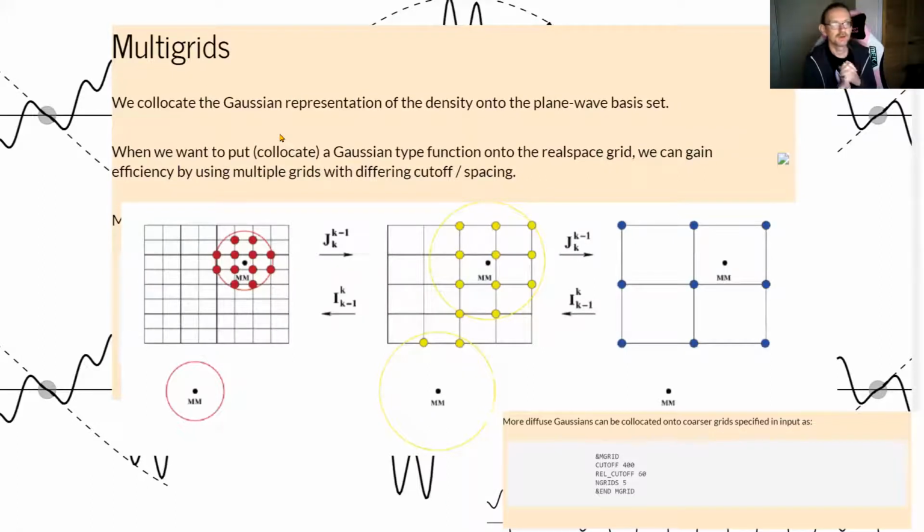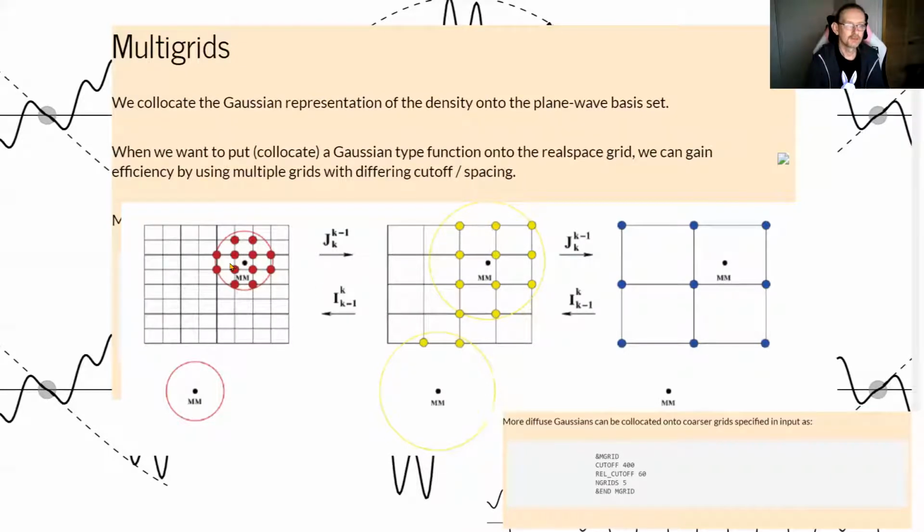CP2K actually uses a multi-grid setup. Depending on the exponent, how quickly or slowly the Gaussian decays in real space, you can represent it accurately on different resolution grids. We typically use 4 or 5 different real space grids. For sharp Gaussians, maybe semi-valence orbitals, there's a very, very fine grid, and then coarser and coarser grids.